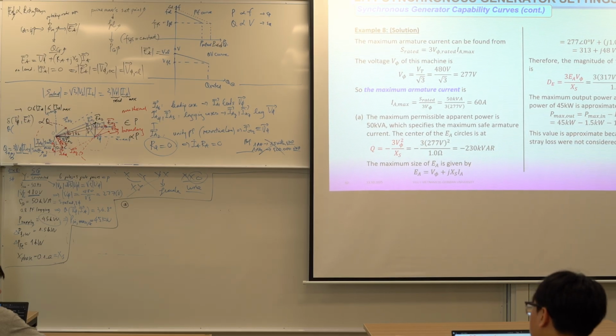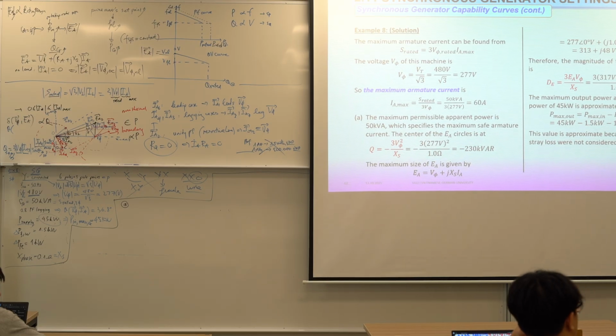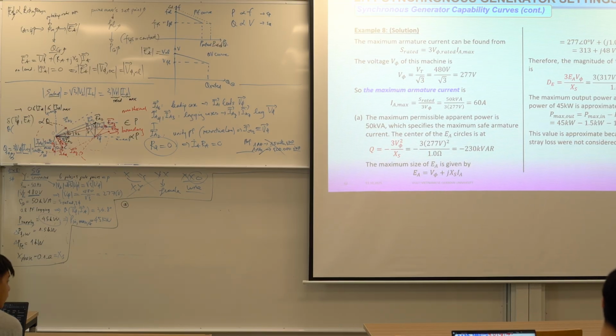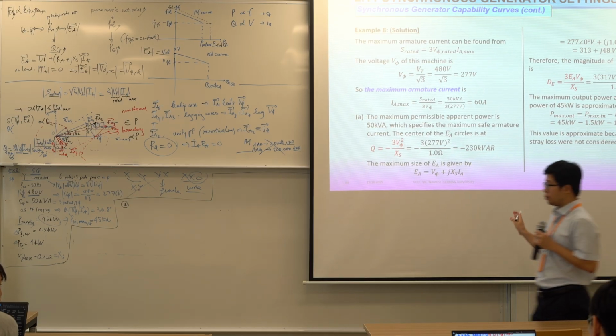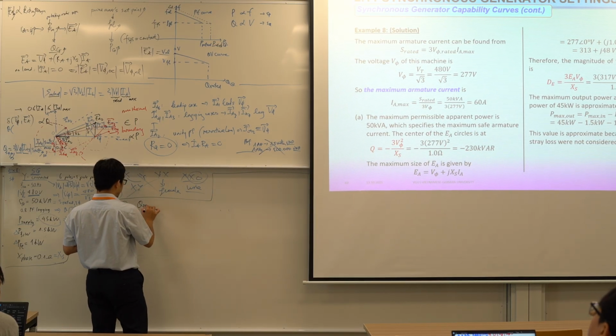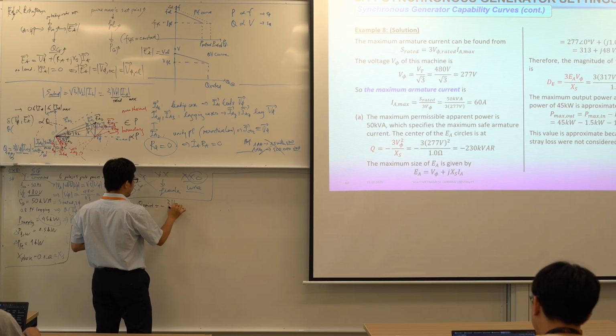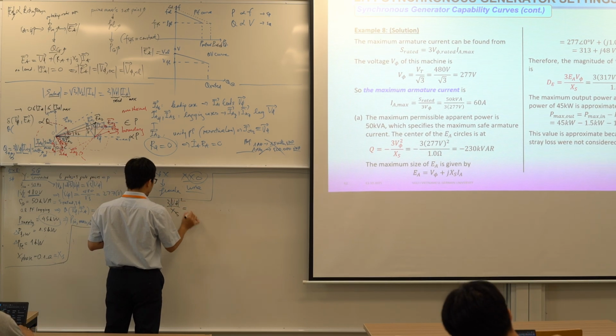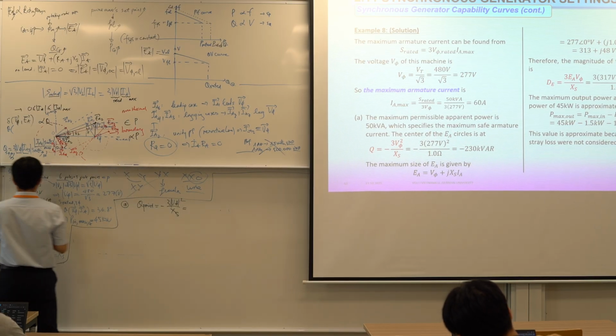If we know this, we can draw this circle. If we know S max, we draw another circle. We also know the limit of the prime mover power, so we can draw the first curve. We combine them, and you get the power capability limit of the synchronous generator. That's all, very easy for question A. The first step is to calculate the center, which is minus 3 V phase squared over XS. Be careful: if you use V line, it is wrong.